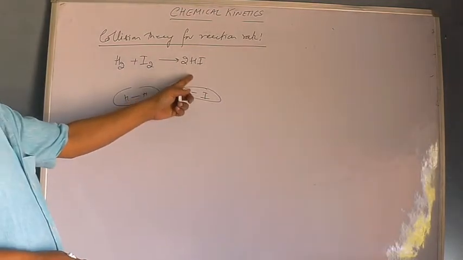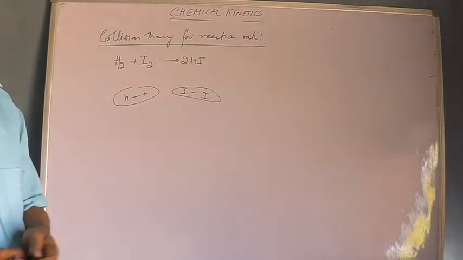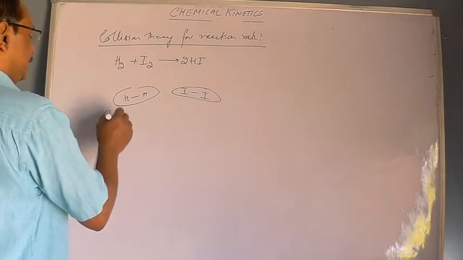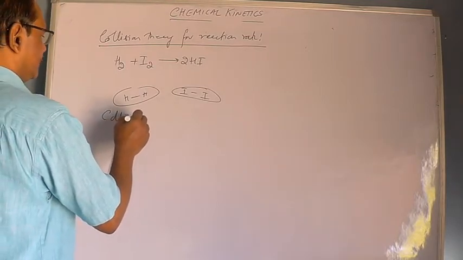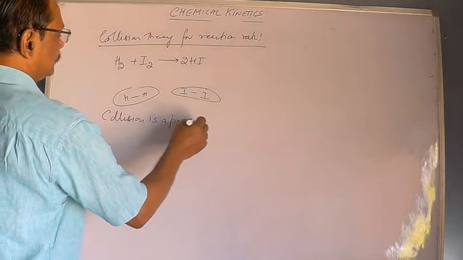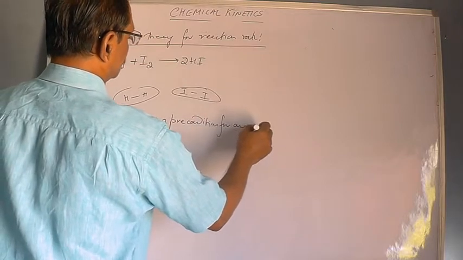HI can only be formed when these two reactant species collide with each other. So collision is a precondition for any reaction to take place.